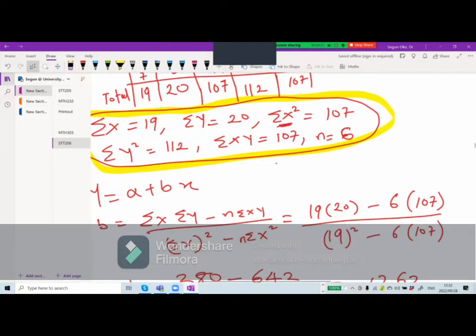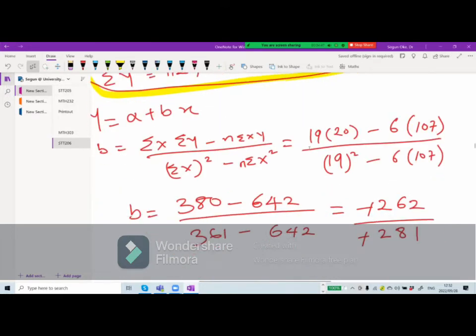Summation X squared is here. That is each of the x that you squared the other time, with everything together equal to 107. So you don't need to square it in the formula again. That is where a lot of people make mistakes.